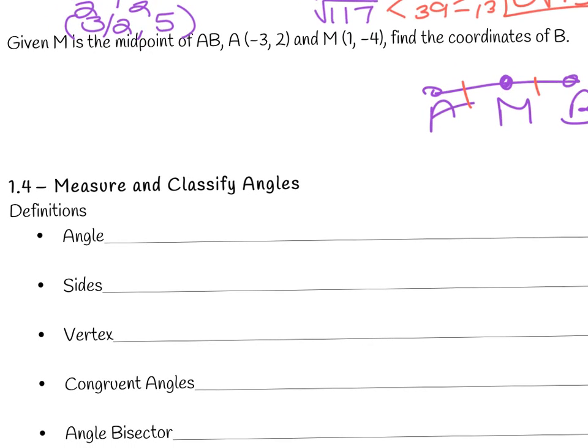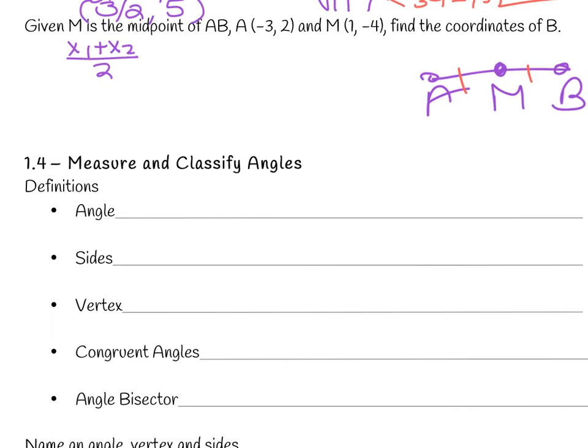So I would say that x1 plus x2 over 2 equals the x coordinate of my midpoint, and the ym would equal y1 plus y2 over 2. So this is my x1, y1, and this is my xm, ym, because it's the coordinates of the midpoint.